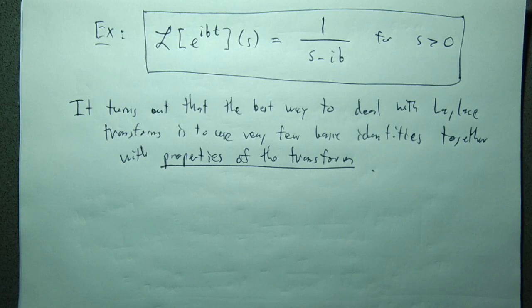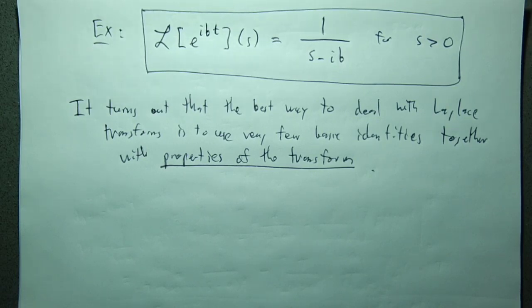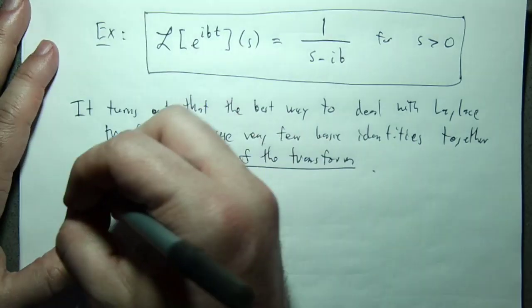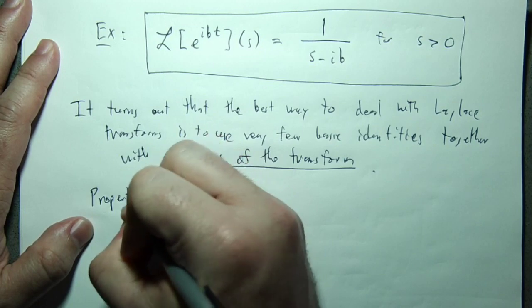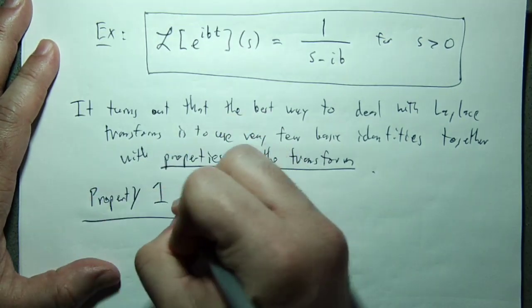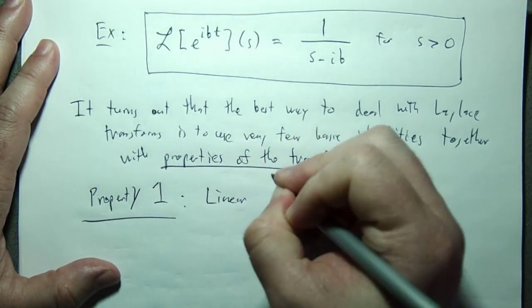Okay, so it's the properties of the transform that are very nice. So what is property one? It's linear.